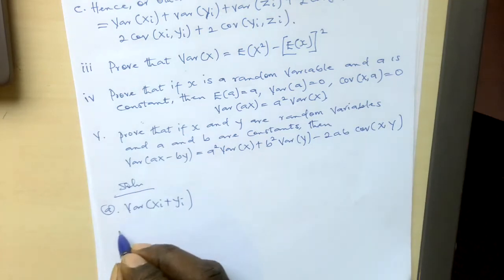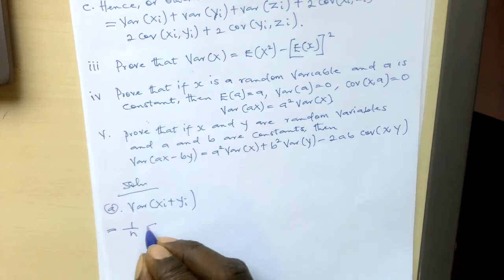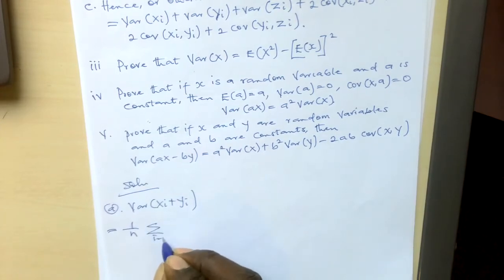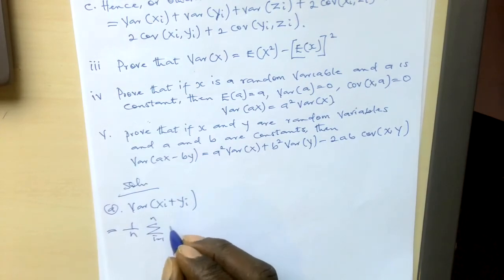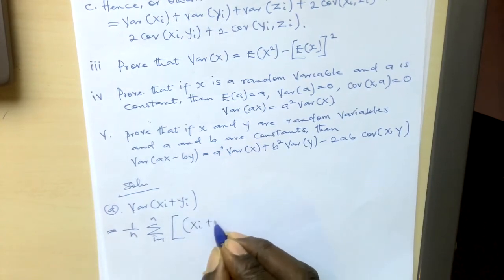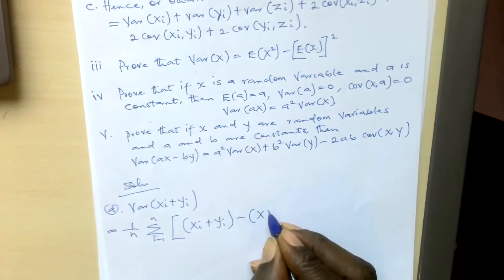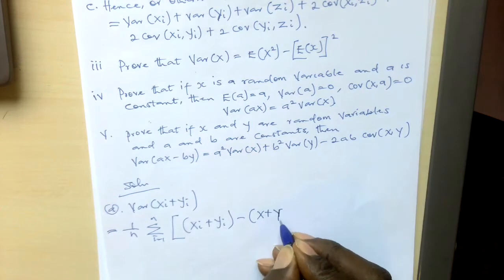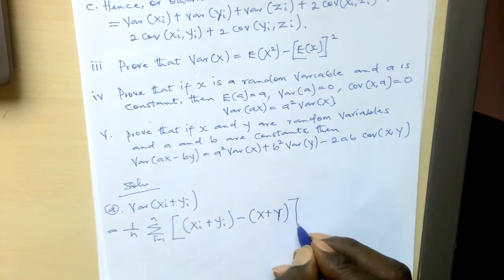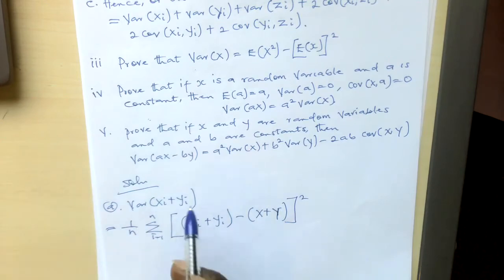So the variance is 1 over n, summation i equals 1 up to n, of xi plus yi minus x bar plus y bar, all squared. So basically that's the meaning of this variance.